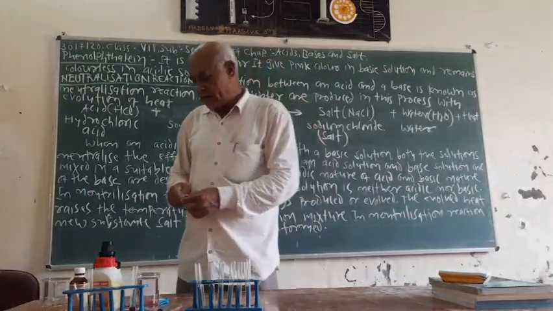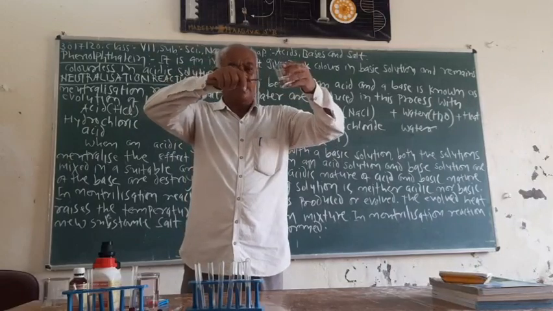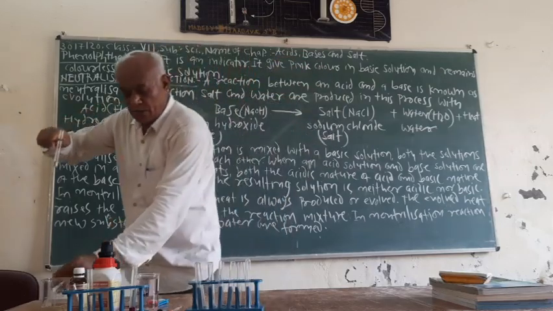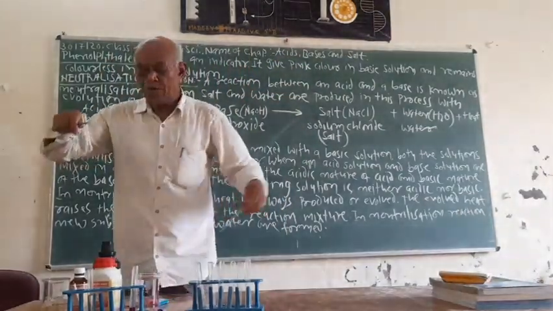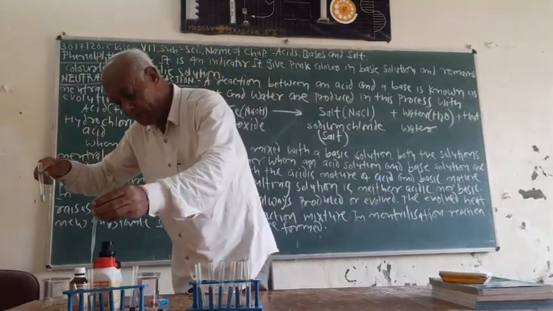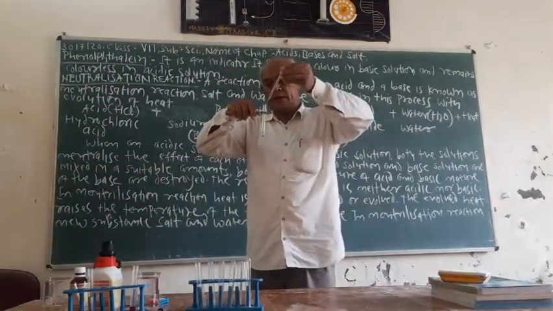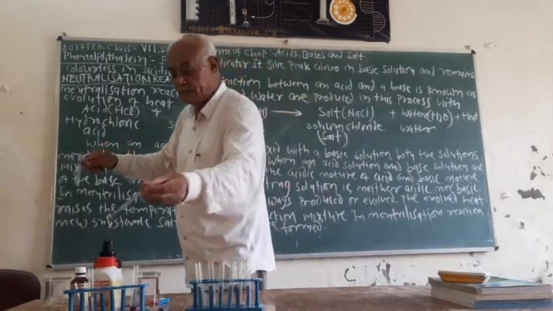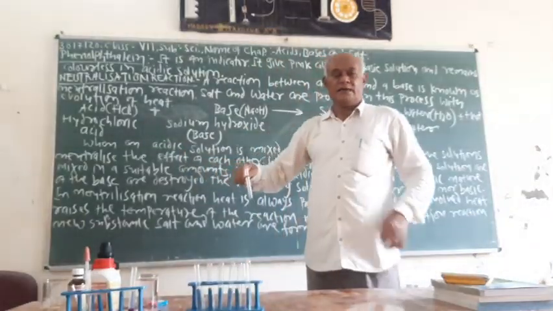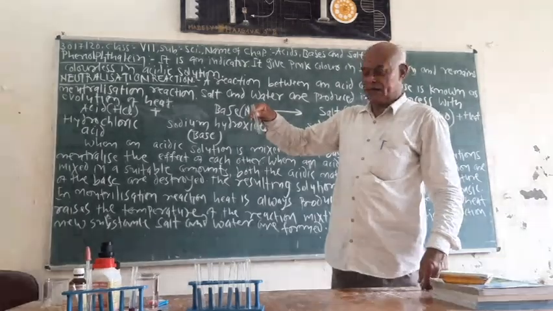For this, I take some hydrochloric acid in a test tube and put a drop of phenolphthalein indicator into the acidic solution contained in the test tube, which is hydrochloric acid. You see that in acidic solution, phenolphthalein indicator remains colorless.